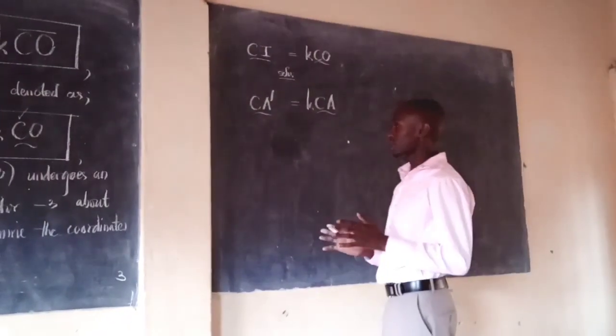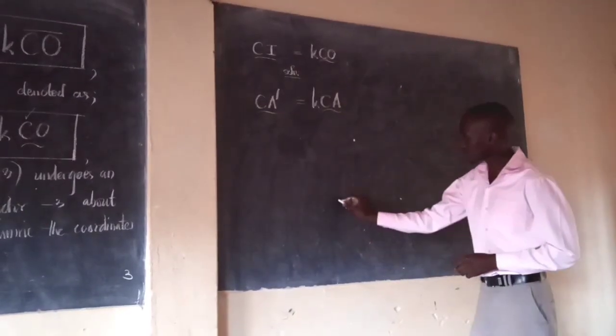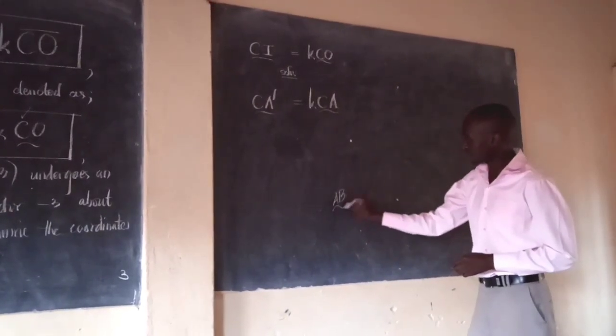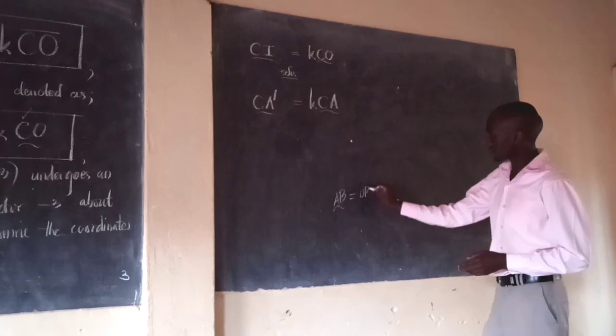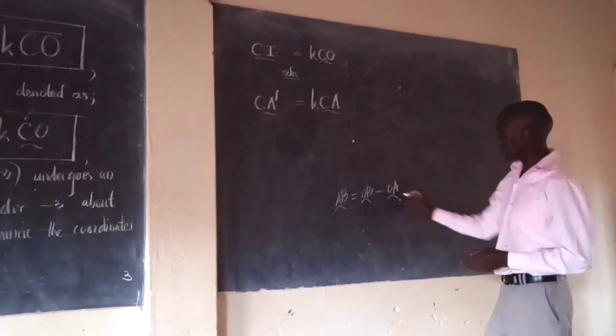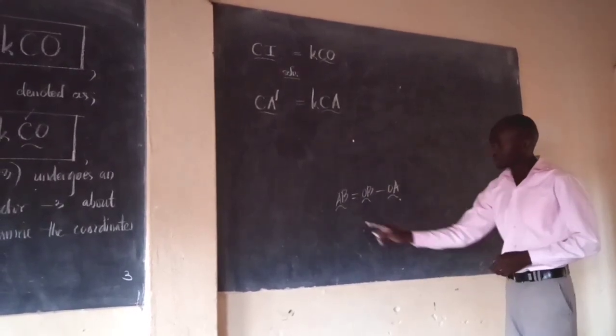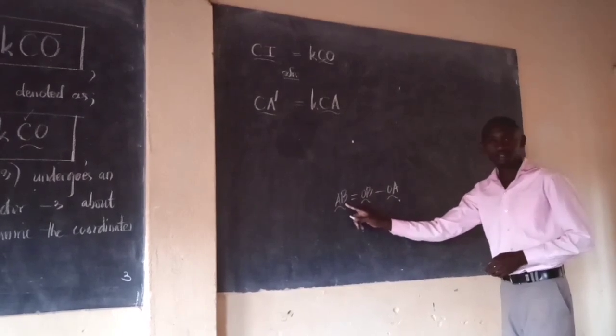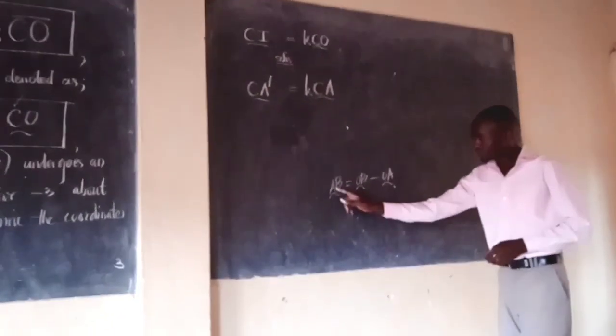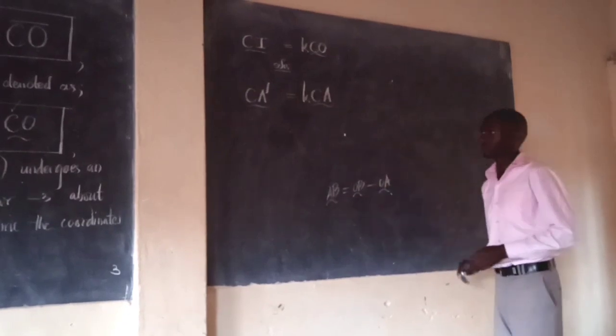Slightly, all of us candidates know something about vectors. To recall, a vector AB, we could shortly say it's the same as OB minus OA. What's the idea here? Position vector of the last letter minus the position vector of the first letter.